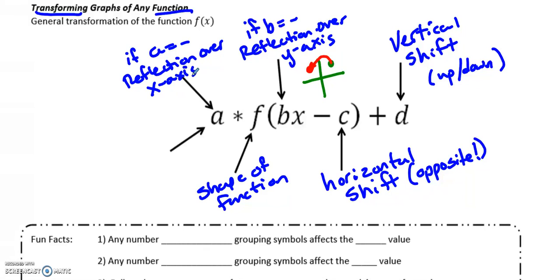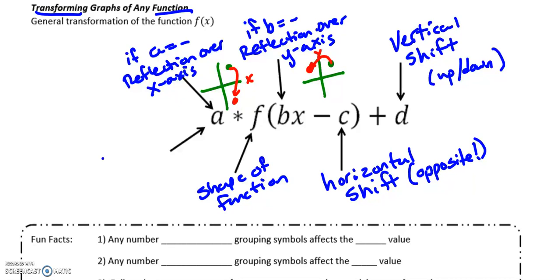So we're going to flip it upside down, which is the typical way that we flip functions. So if I have a function up there, it's going to flip upside down. It's going to end up down there. So it's going to change the y value, flipping it over the x-axis. And here I should have labeled flipping it over the y-axis. So we have a reflection, it's just a different reflection.